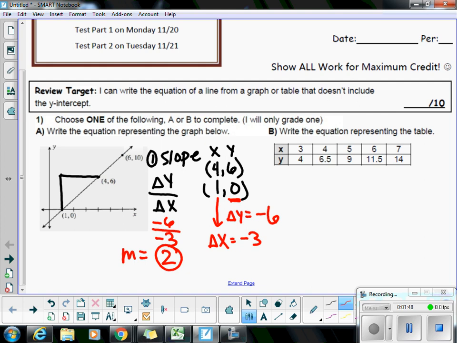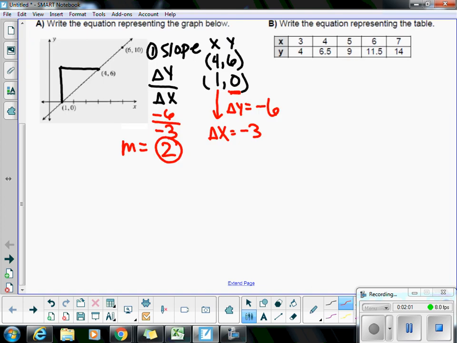So now we need to figure out what our y-intercept is. It's not on there. We could work backwards from a given ordered pair, or we could use our equation to help us. So I'm going to do this by using the equation. What we know is y equals 2x plus b.